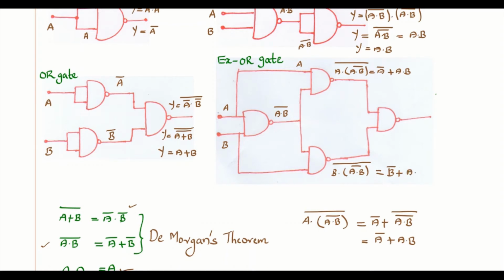A complement plus A dot B and B complement plus A dot B are applied to the input of the fourth NAND gate. So the output Y equal to A complement plus A dot B dot B complement plus A dot B the whole complement.